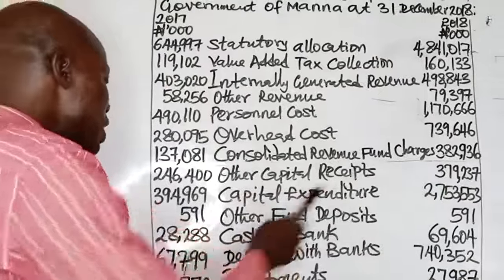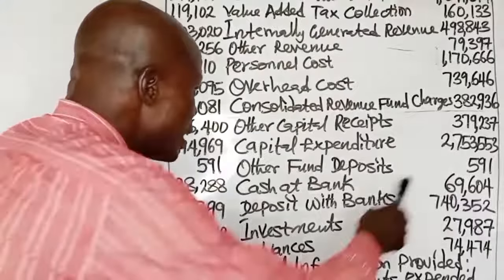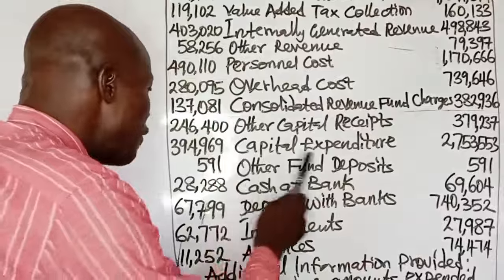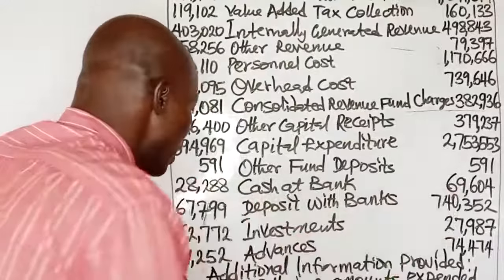Other capital receipts, 2017, 246,400 and 379,237 for 2018. Capital expenditure, 394,969 and 2,753,553 for 2018. Other fund deposits, 2017, 591, 2018, 591.